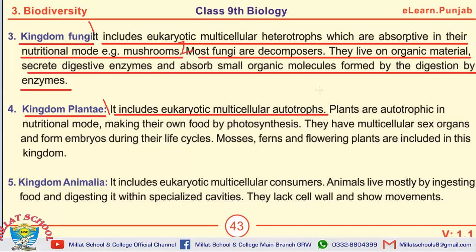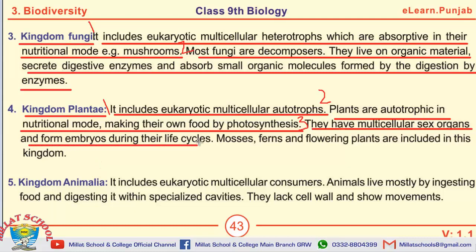The other characteristic will be plants are autotrophic in their nutritional mode, making their own food by photosynthesis. The third one will be they have sex organs and form embryos during their life cycles.